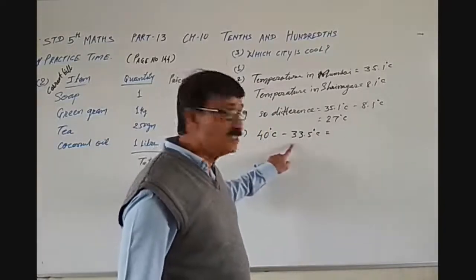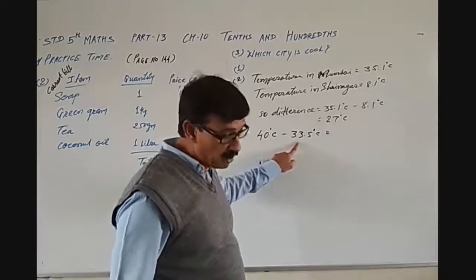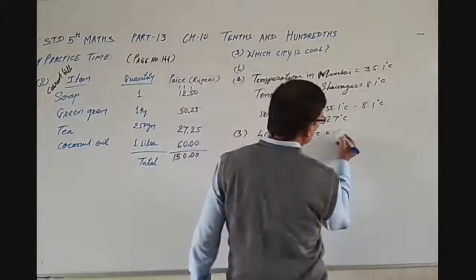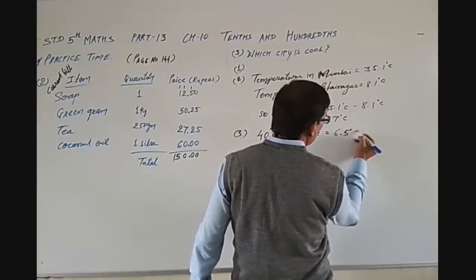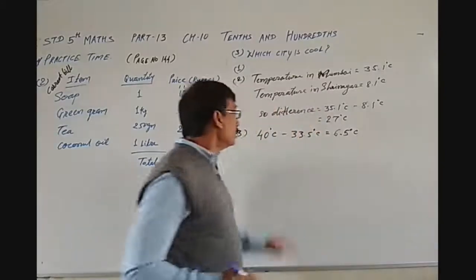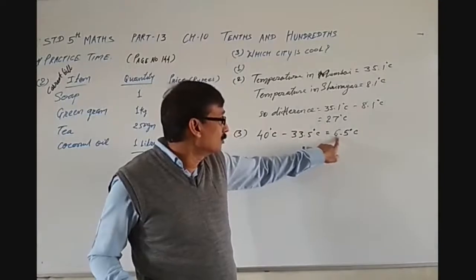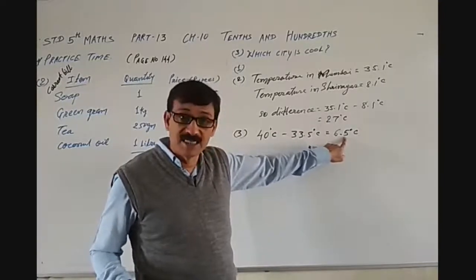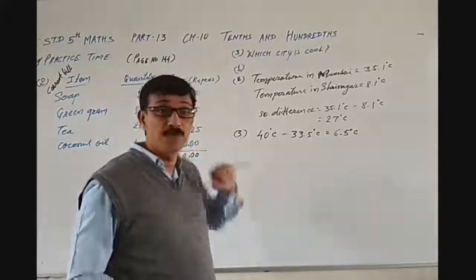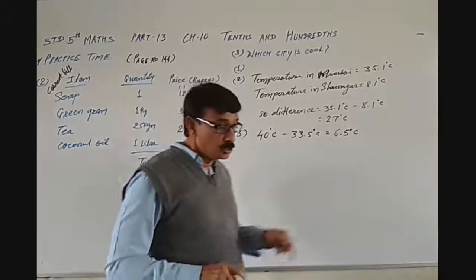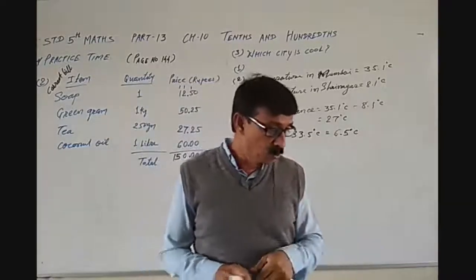So let's see what the difference is. 6.5, it is 6.5 degrees Celsius, isn't it? So if the temperature rises by 6.5 degrees Celsius, then it will reach 40 degrees Celsius, isn't it? So from that question, what should the answer be?